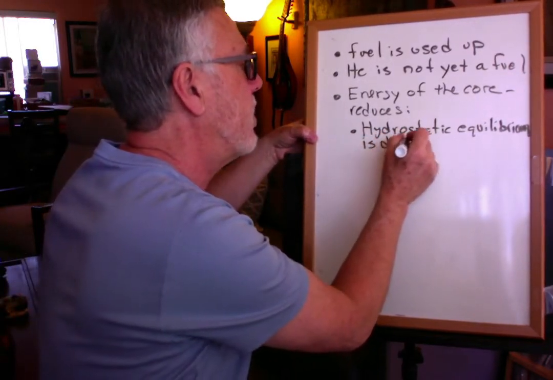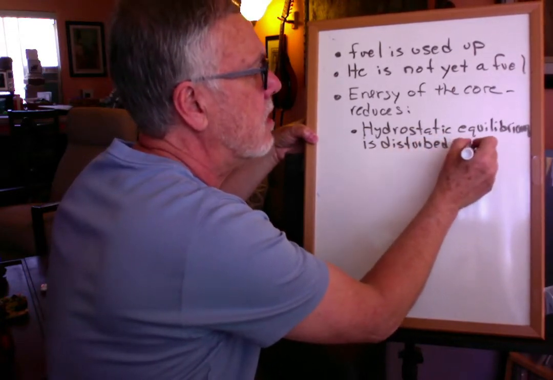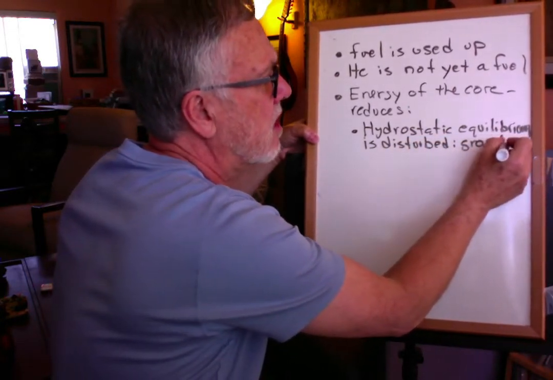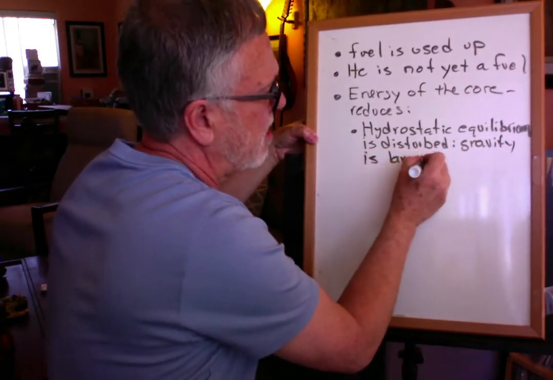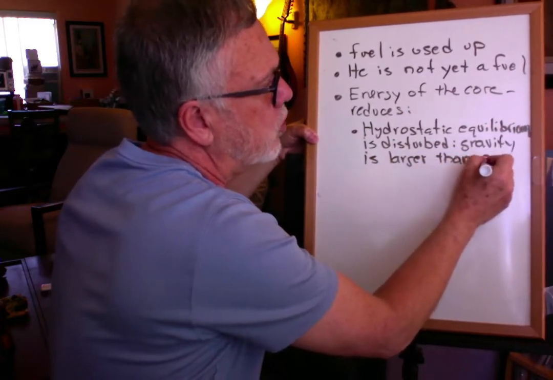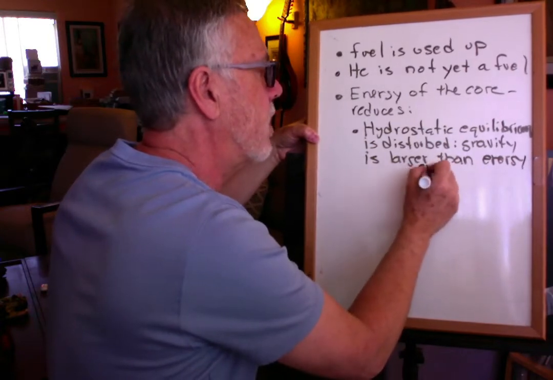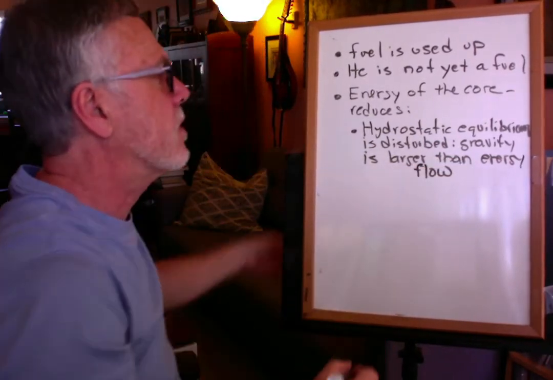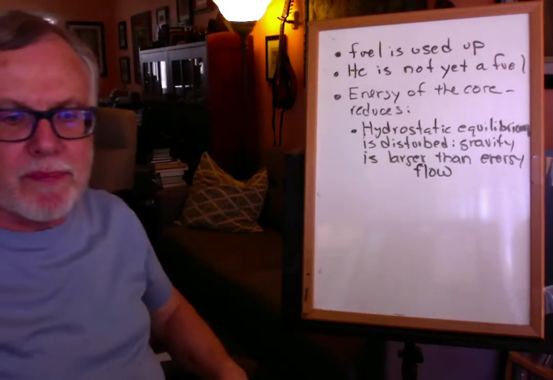What do I mean by that? What I mean is that gravity is larger than the energy flowing out from the core. So it's kind of an interesting process that happens here.